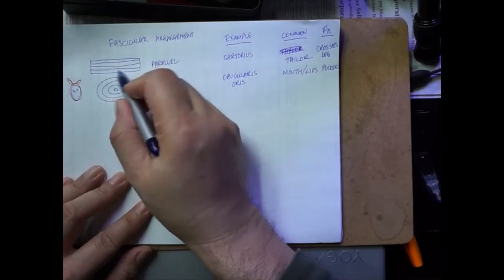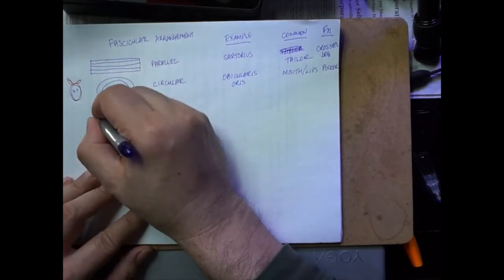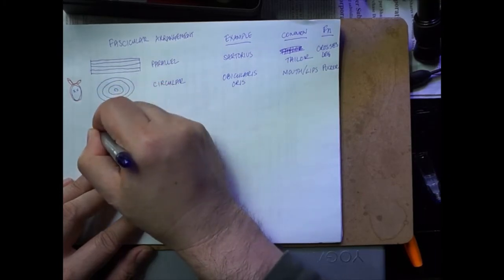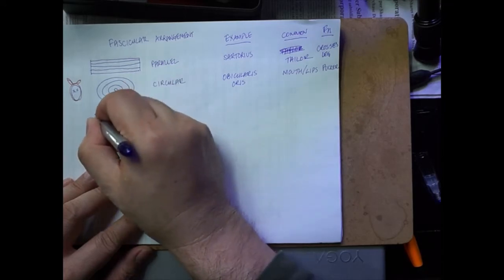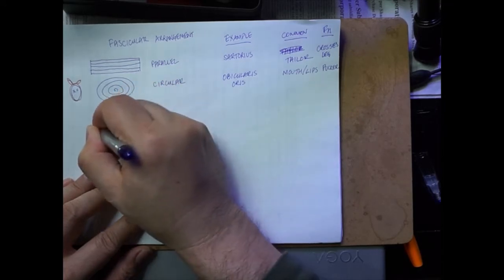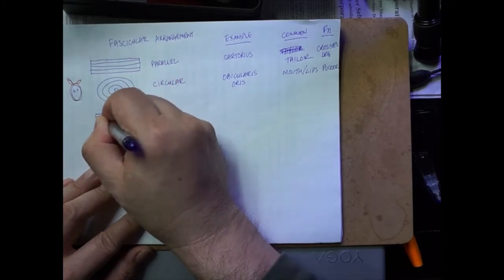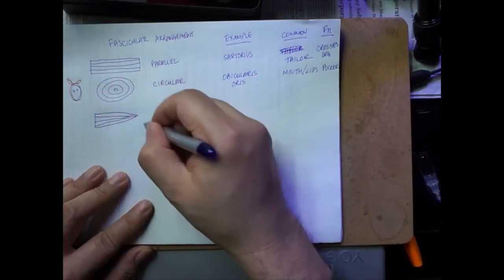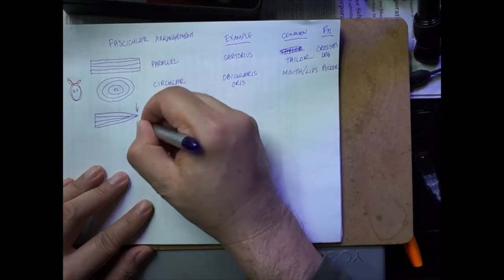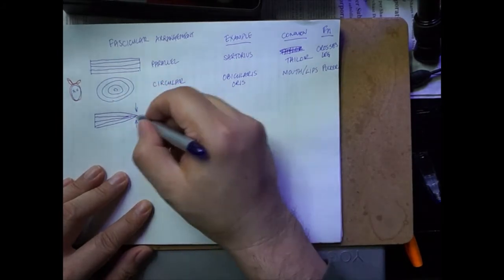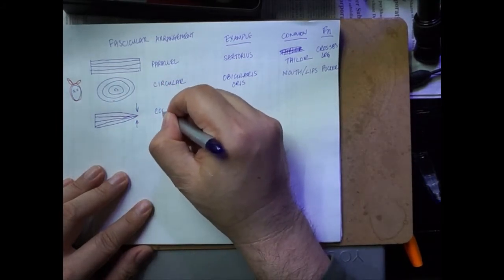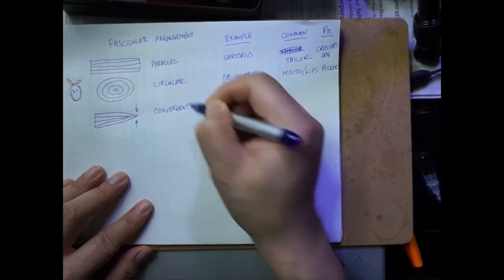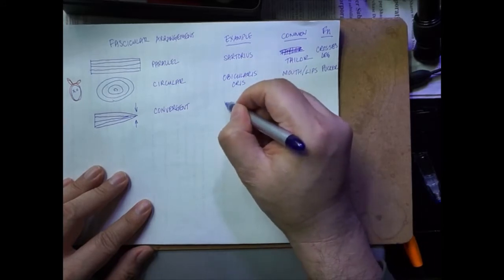So how else can you make this pattern appear? You can make this pattern come to a point. So one side is left alone and the other side has been squeezed. You call these muscles a convergent muscle.